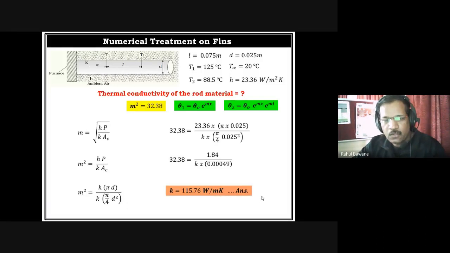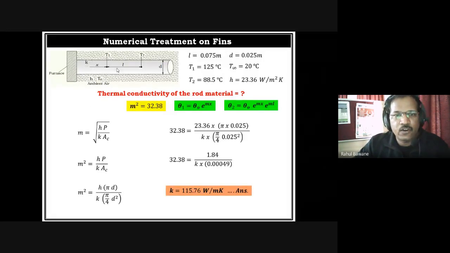So friends, remember, we don't require much data to find out the thermal conductivity of a rod. It is practically possible to mark 2 points on the fin and measure the temperature at those 2 points, and from those 2 point conditions we can identify the thermal conductivity of that rod.